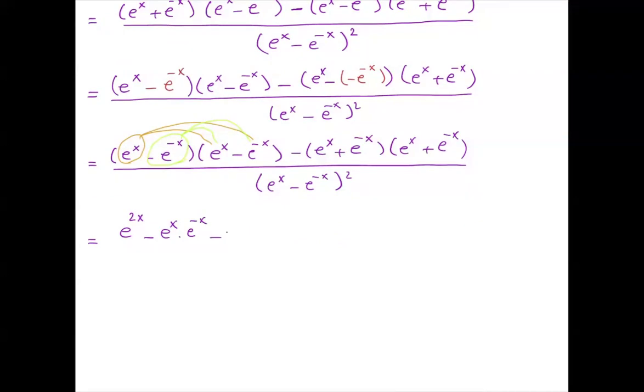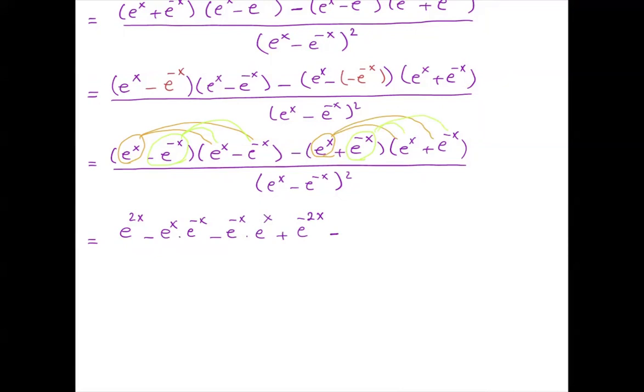So you have minus e to power minus x times e to power x plus e to power minus 2x. You have a subtraction of the same thing on the other side. So distribute e to the power x into parentheses, then distribute e to power minus x into parentheses, and then simplify. So here we go.